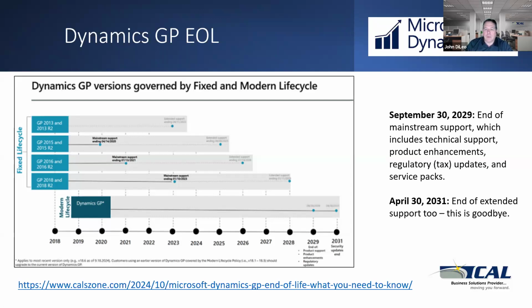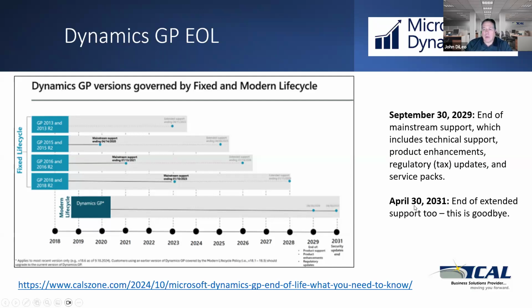You will receive a year-end update for 2028, and then you'd have those through the first couple of quarters of 2029. After 2029, we won't be getting any more of the mainstream technical support updates. There will be no more enhancements to the product and no more regulatory updates. Really, they're just looking for anything security related that Microsoft might need to address, and those will be released as they go between 2029 and 2031.